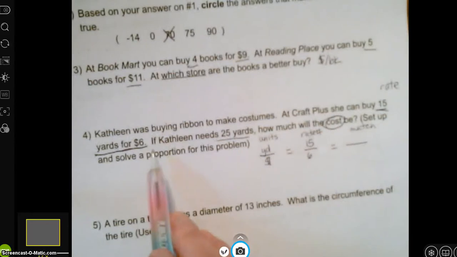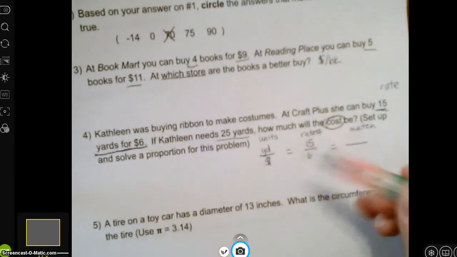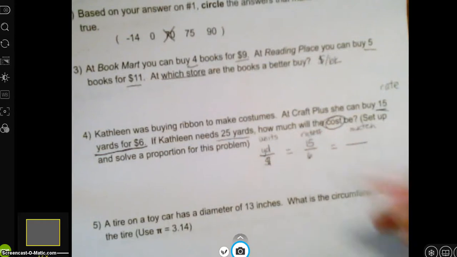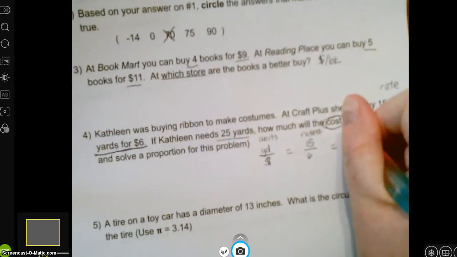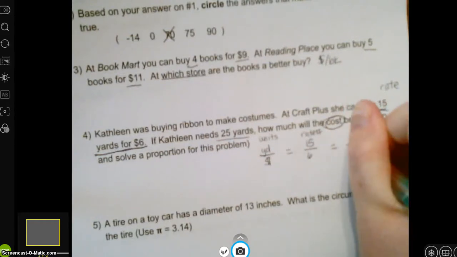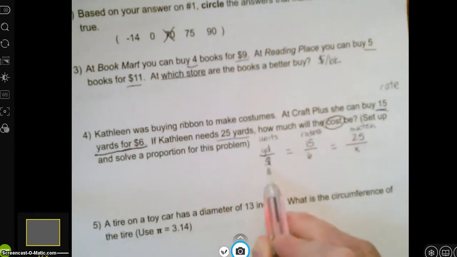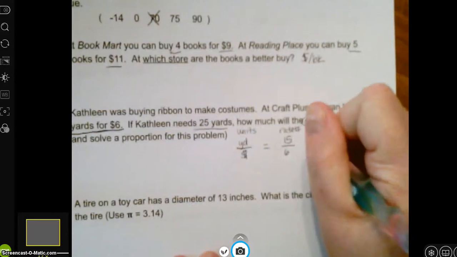And then we have one other number here. It says if Kathleen needs 25 yards, so let's look. Top or bottom, looks like it's going to go top. And X will go on bottom because I'm looking for cost. Notice cost is on bottom. Okay? So, let's cross multiply.